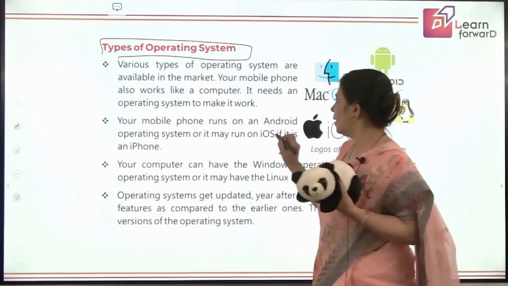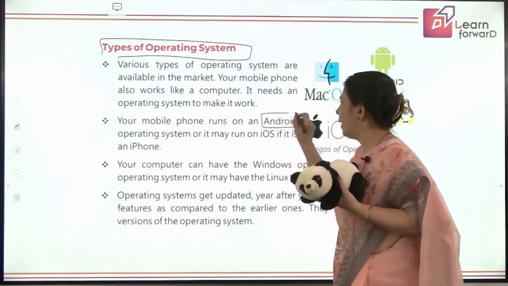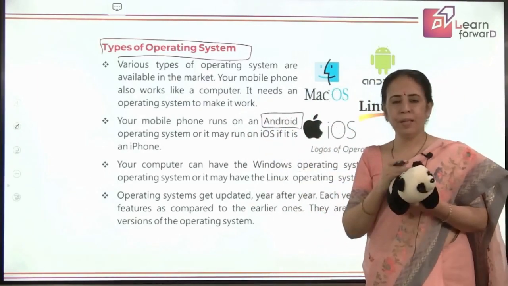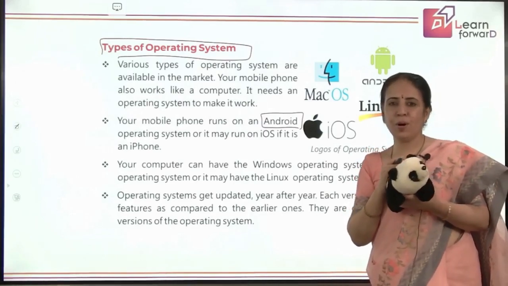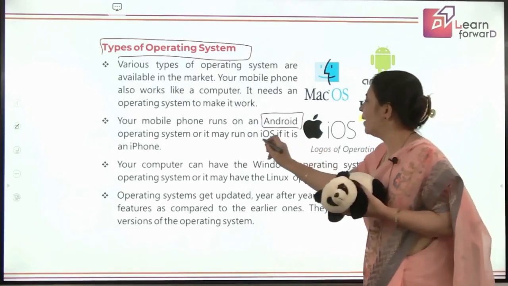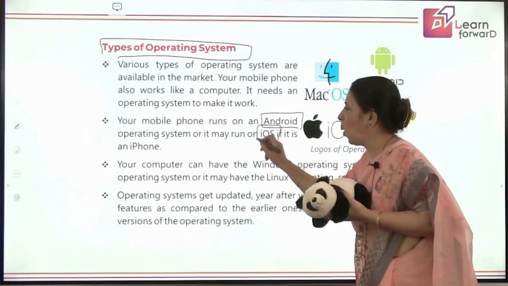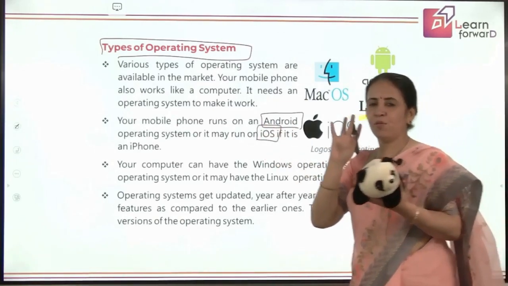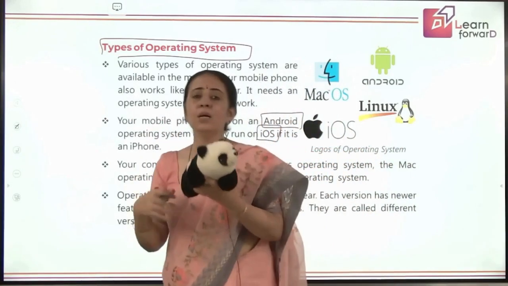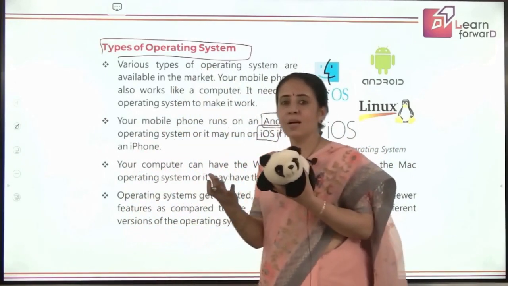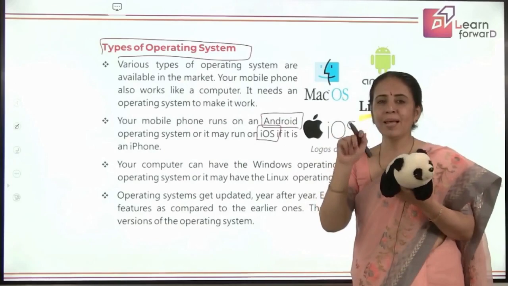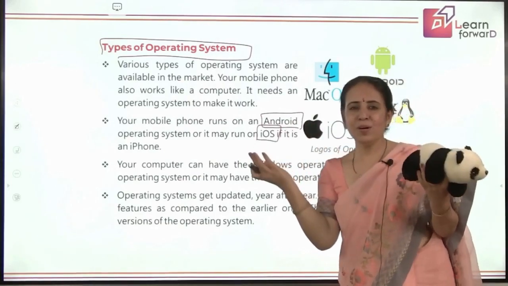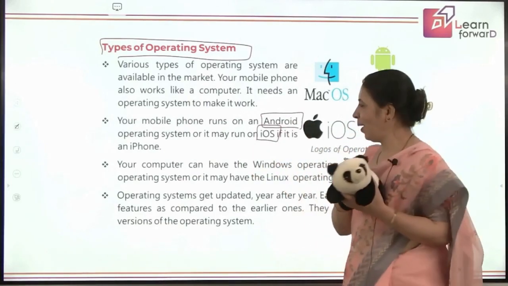And the operating system is named Android. And when you work on your iPhone, the operating system you use is called iOS. So your entire phones are under the control of an operating system. That's why you click a button and the work is done. Got it?